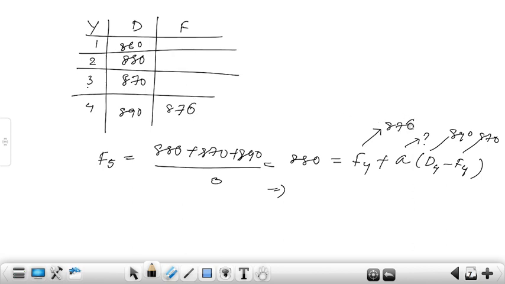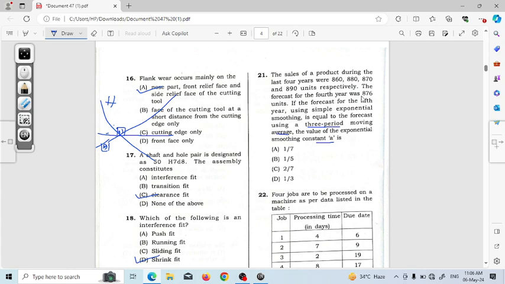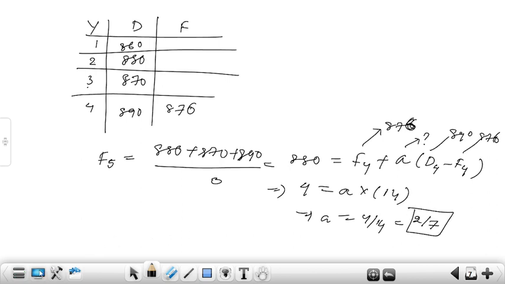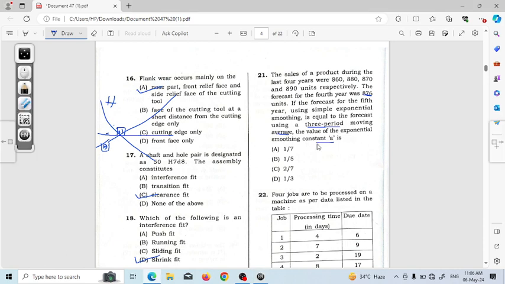Yes, 876, the forecast given for the fourth year. So 880 minus 876 equal to 4 is equal to A into (890 minus 876), which is 14. So A is equal to 4 by 14, which is 2 by 7. The value of exponential smoothing constant A is equal to 2 by 7. Option C is the correct answer.